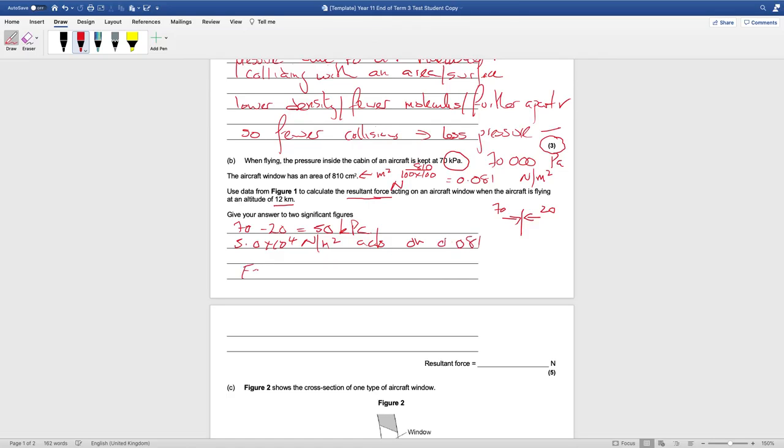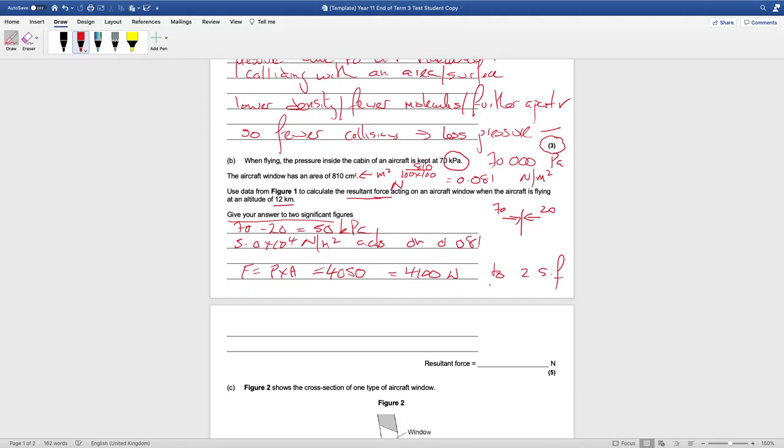The force, of course, is the pressure times the area, because pressure is force divided by area. If we do that, we get an answer of 4050 newtons. We don't need to worry about the units because they're there, but we should always think about it. But it says give your answer to two significant figures. That's 3, so it's 4100 newtons to two significant figures.